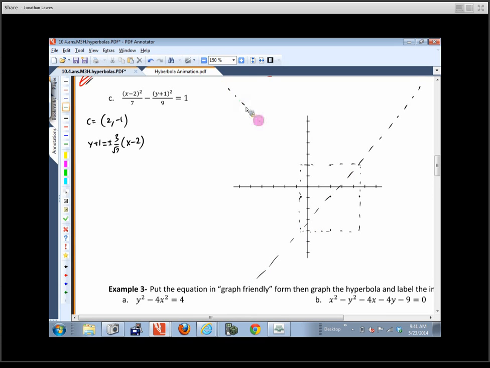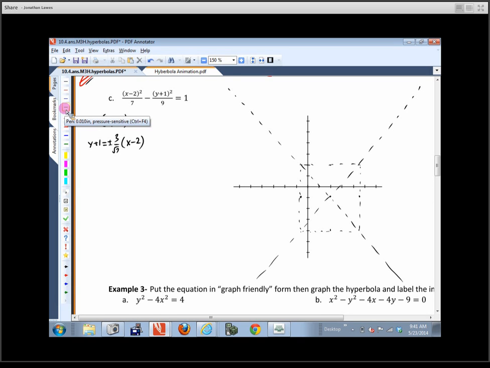Draw in the asymptotes. Opens left and right. Okay, you got to get used to that. Everybody listen, please. When we put all these together, in particular with hyperbolas and parabolas, the rules are completely different. Okay? If you have an x squared with a parabola, which way does it open?